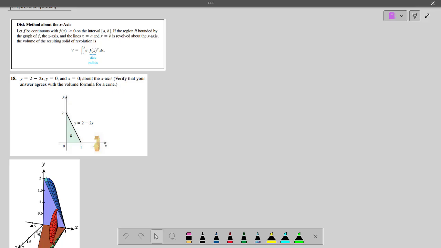And so let's continue with that for a second. We'll rotate around the x-axis, and then we'll start rotating sideways and figure out disks that are around the y-axis instead. So let's do this x-axis thing first.